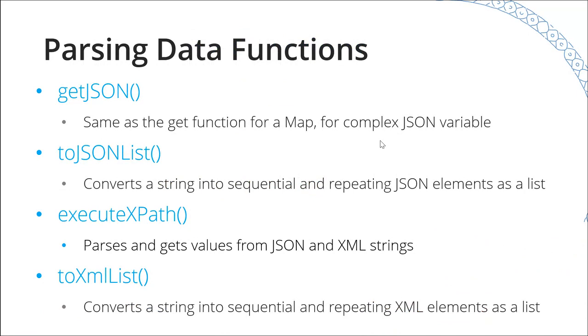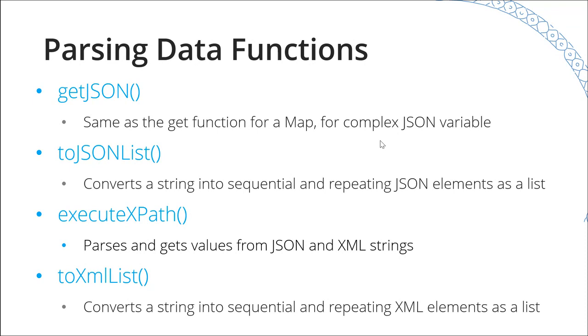And here again we'll be parsing some data functions in order to get some information from the data that we fetched using API. So we can use these kind of functions like get JSON, to JSON list, execute path, to XML list, etc. Each of these has its own actions to be executed. For example, get JSON is going to be same as get function for a map, for complex JSON variable as well.